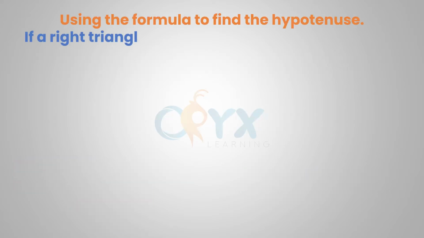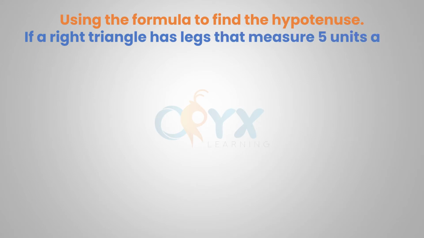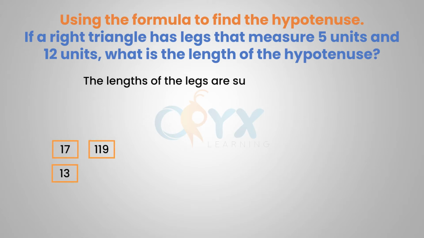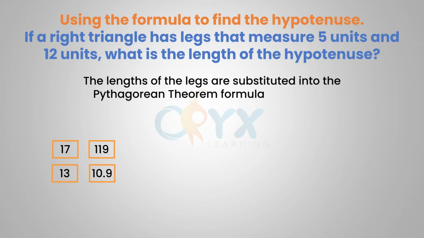If a right triangle has legs that measure 5 units and 12 units, what is the length of the hypotenuse? The lengths of the legs can be substituted into the Pythagorean theorem for a and b. Remember that our Pythagorean theorem is a squared plus b squared equals c squared.